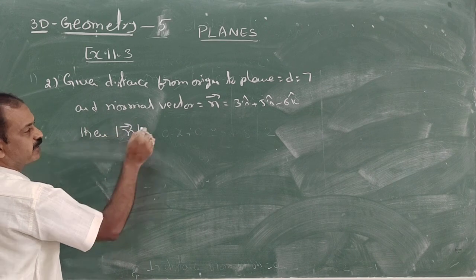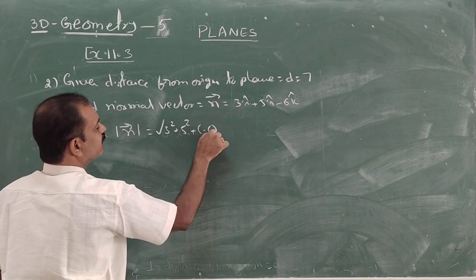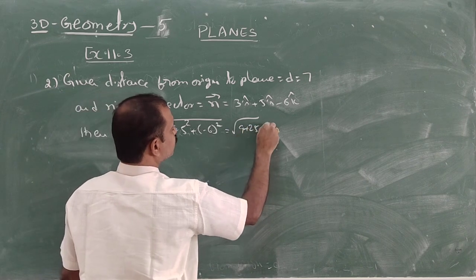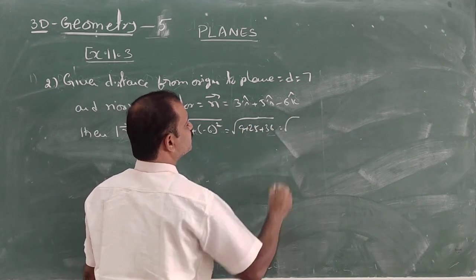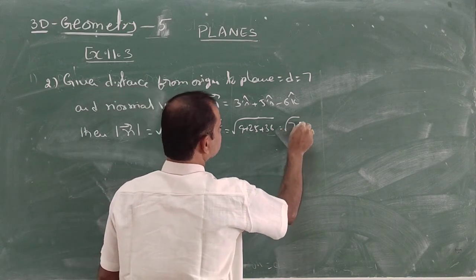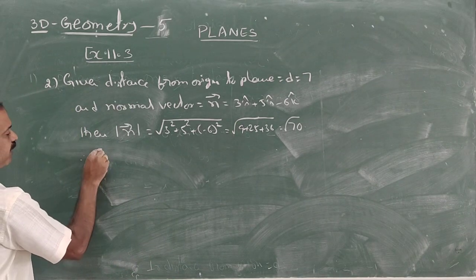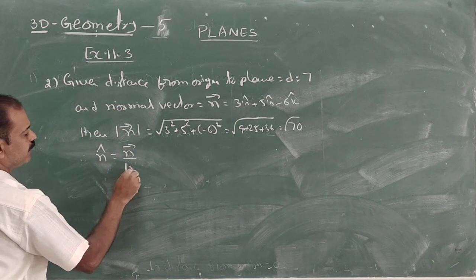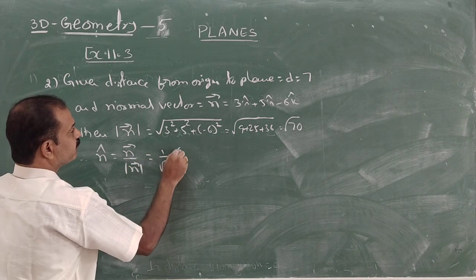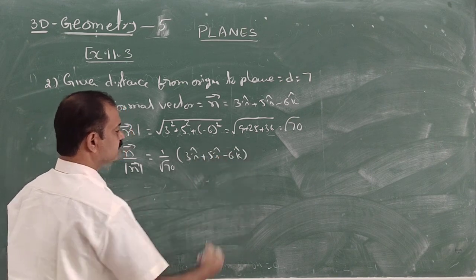For that, find the magnitude of n, which is the square root of 3 square plus 5 square plus minus 6 whole square, nothing but 9 plus 25 plus 36, which is equal to 70. Therefore, n cap is equal to n by magnitude of n, that is 1 by root 70 into 3i plus 5j minus 6k.